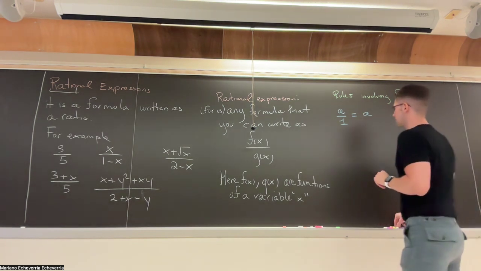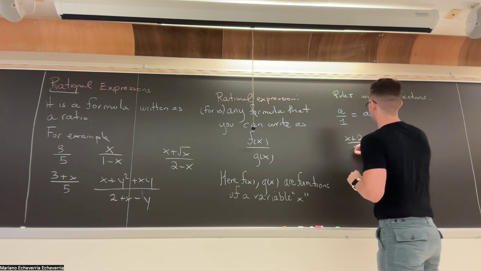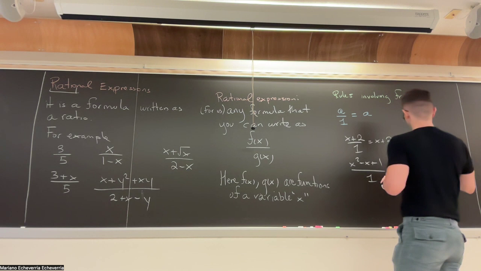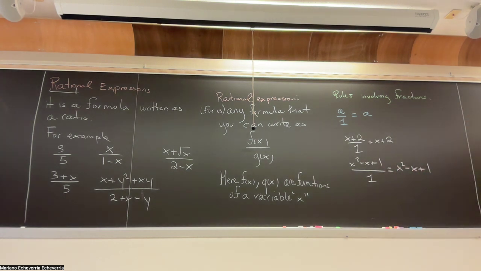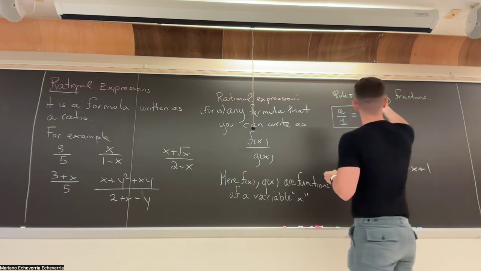Here are some examples: x plus two over one is just x plus two. It doesn't matter how complicated the expression is. x squared minus x plus one over one just gives you whatever the numerator is. So this is the first property that is important to remember.